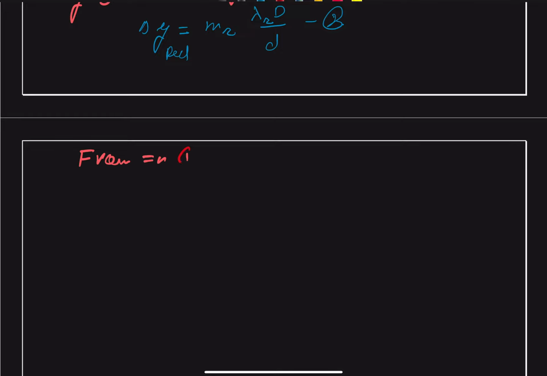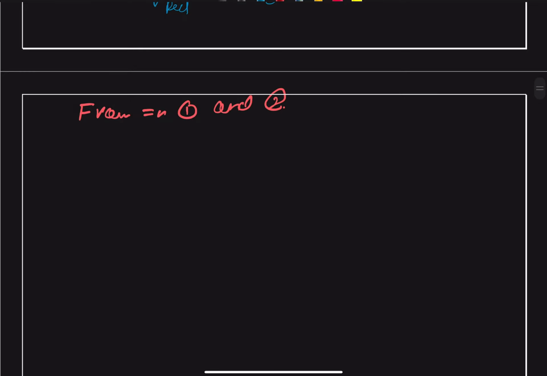From equation 1 and 2, we can write refractive index of red minus 1 multiplied by thickness t, capital D upon small d, is equal to m_R times wavelength for the red, capital D upon small d.